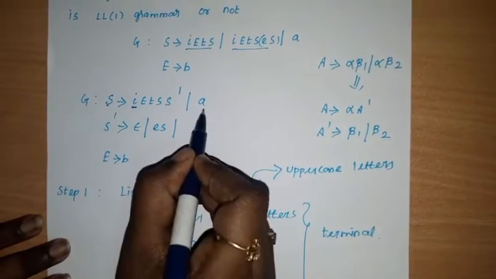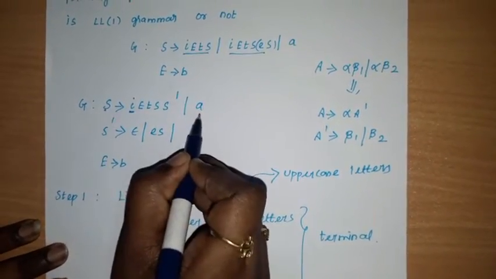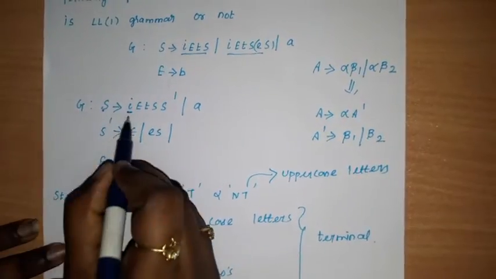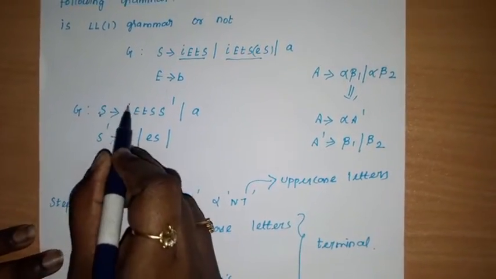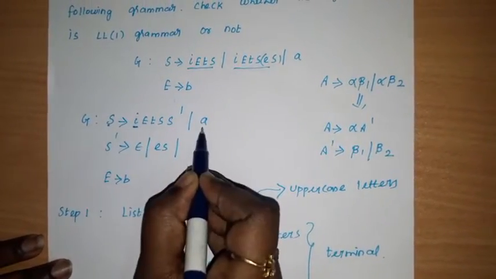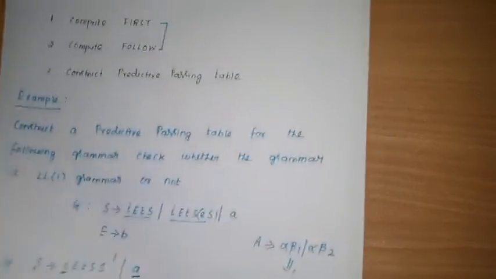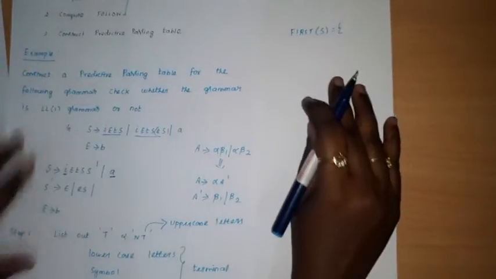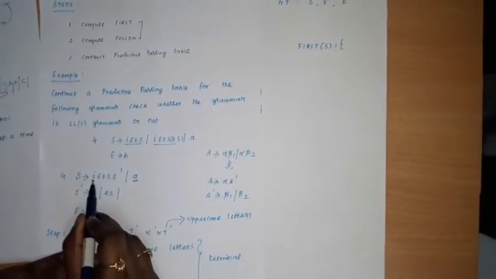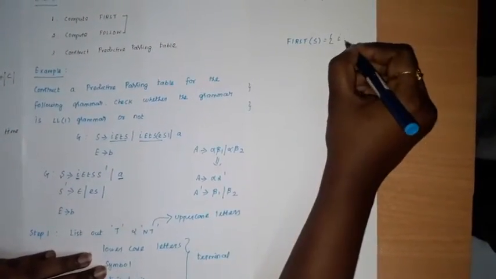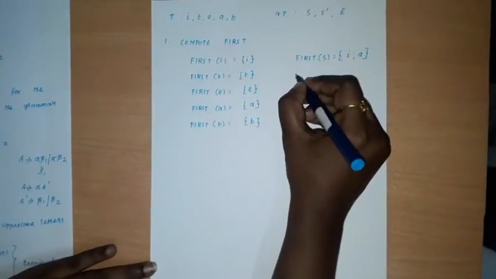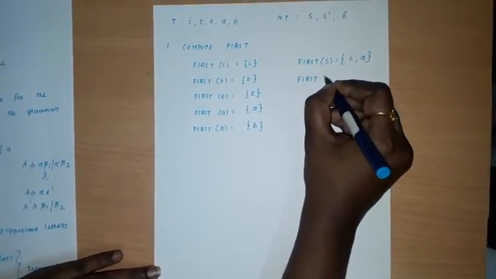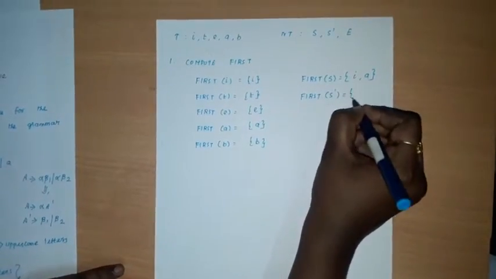This is the first production, and the second production is S tends to a. In the first production the first symbol on the right side is i, and in the second production the first symbol is a. So the first of S is i comma a, small i comma a. Then find first of S dash.